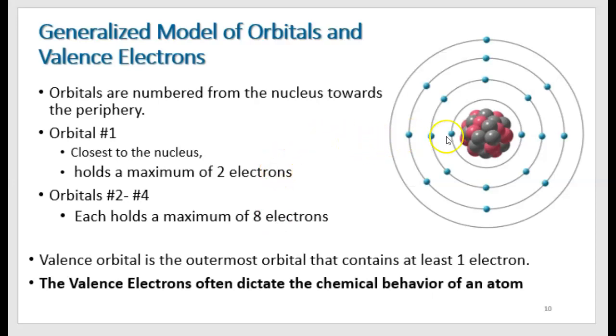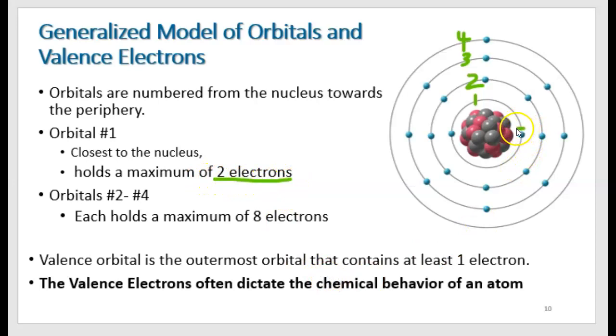Orbitals are numbered from the nucleus and then towards the periphery. So the first orbital would be here, and then this would be the second orbital, this would be the third orbital, and this would be the fourth orbital. The orbital that's closest to the nucleus, orbital number 1, can only hold 2 electrons.